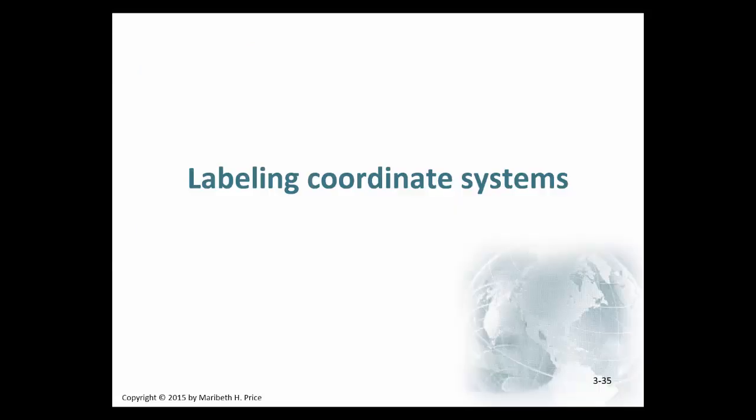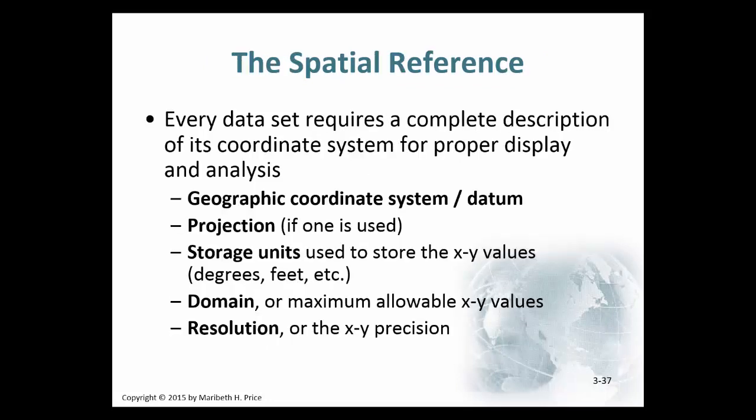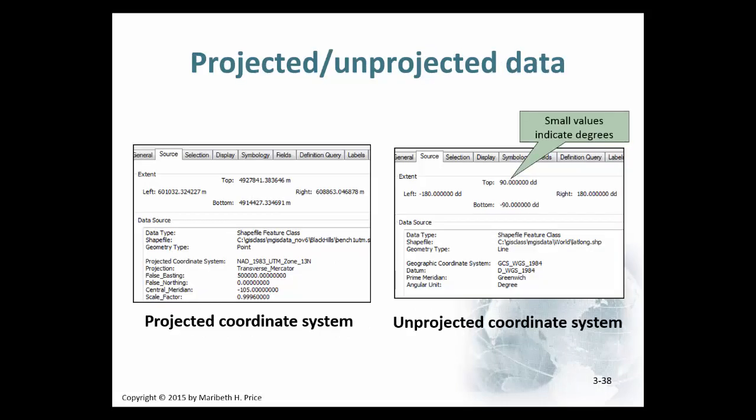Each dataset should have a label describing the coordinate system. Metadata is a good place to review the coordinate system of a particular dataset. A close examination of the source extents helps you to know if it's projected or unprojected.